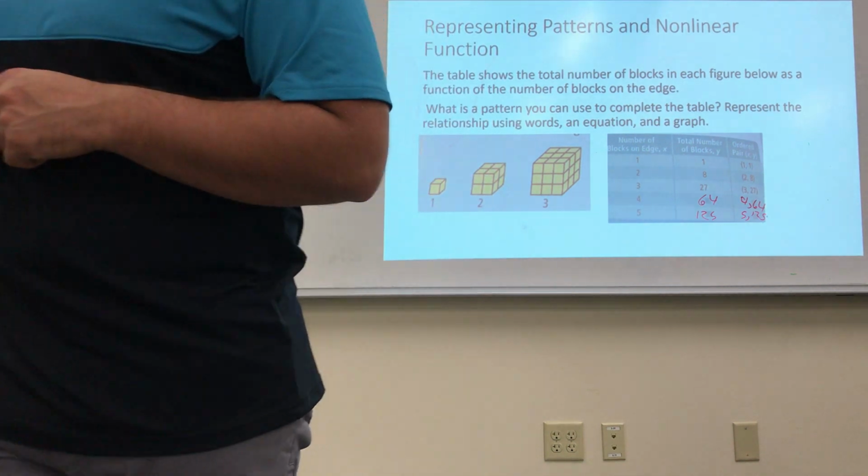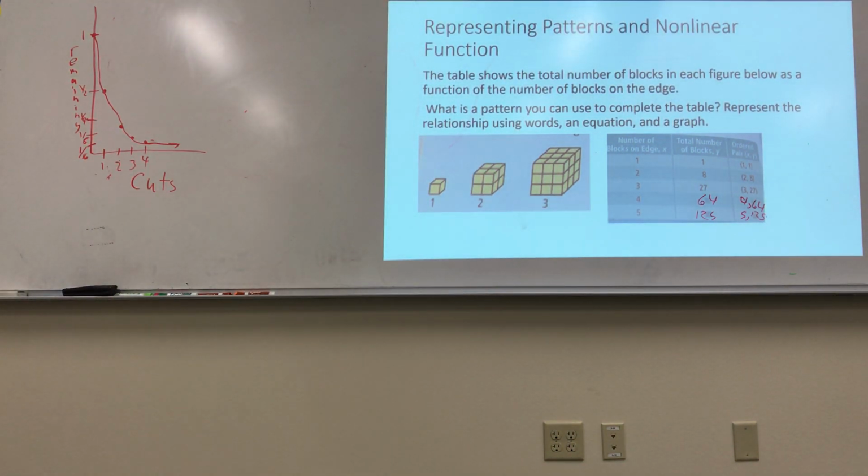Now, it says, go kind of back to yesterday's lesson of using words and equations. So, my equation, once again, that is the thing that I prefer to do first. It just seems easier to me.